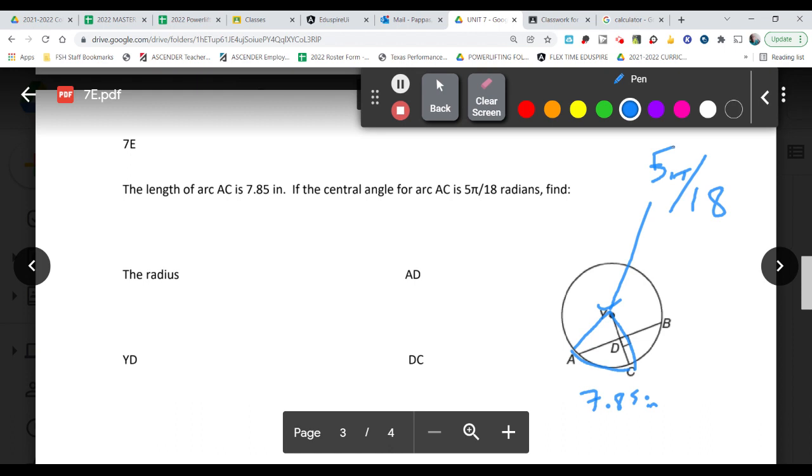Our 7D notes said what formula? What was equal to what times what? If we have our 7D notes, we had an arc length formula on there.